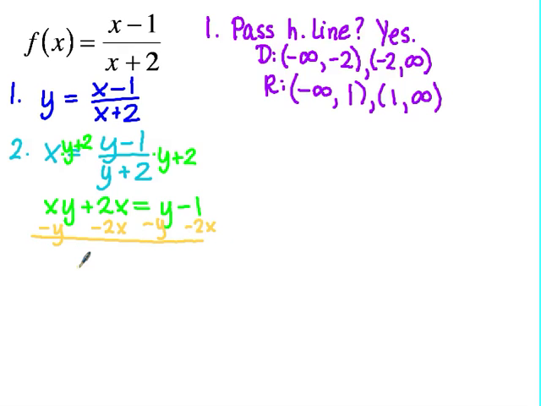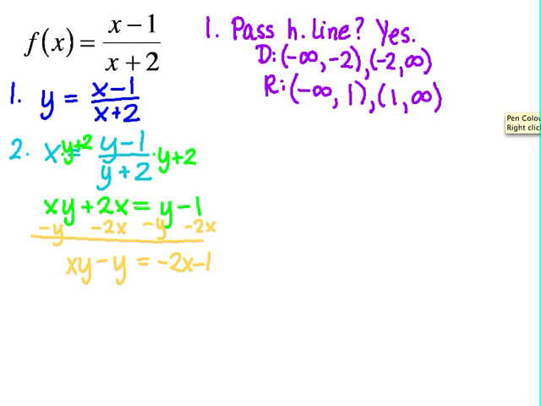So on the left side, what are you left with? xy minus y, right? You can't combine those. What are you left with over here on the right? Negative 2x minus 1. Good.